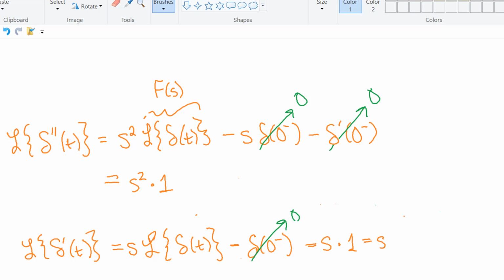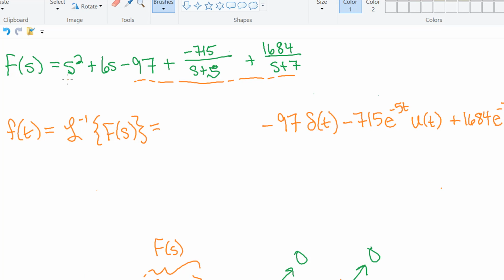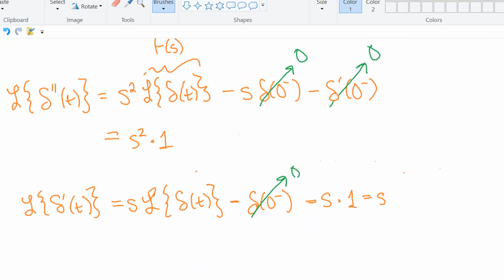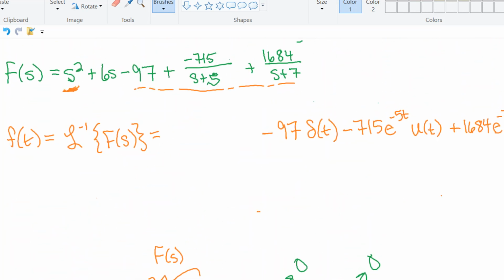So those first 2 terms were all we had left. So where does the s squared come from? Well, in the time domain, s squared came from the second derivative of the delta function. Plus the 6 is a constant you can pull out in front. Where does s to the first come from?